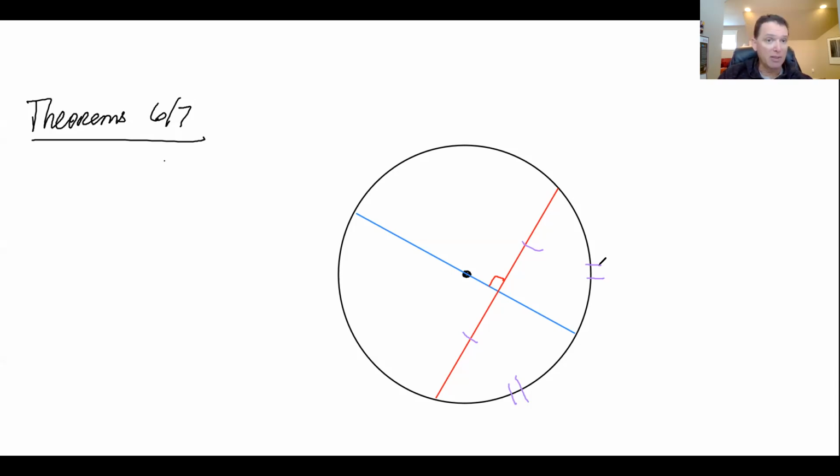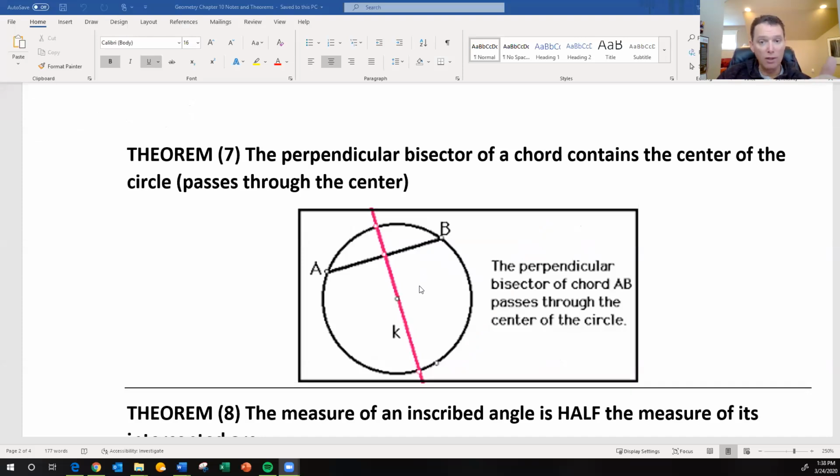And then theorem 7, I'll go back and show you this. Theorem 7 tells us, all right, well, if you have a chord, then it's going to have a perpendicular bisector somewhere. Let me show you this real quick.